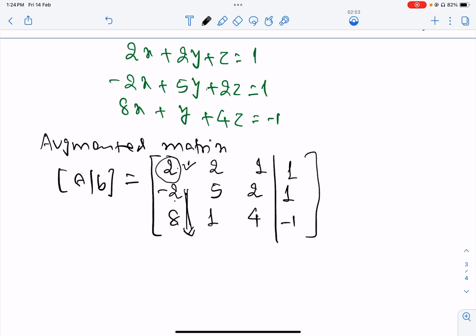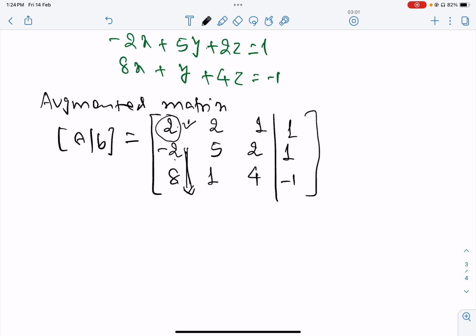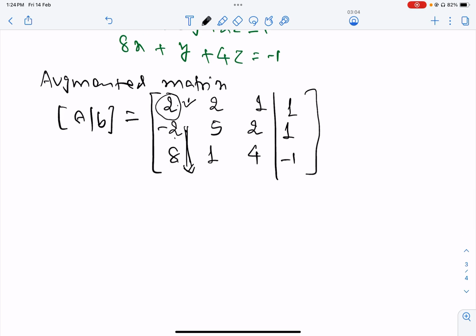So whatever makes it easy, you can do that. Okay, so let us make it 1 and then make the entries below it 0.